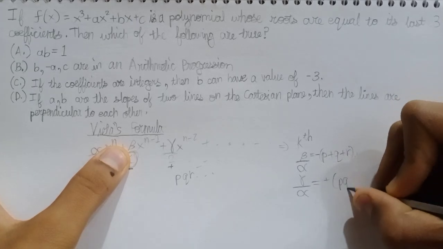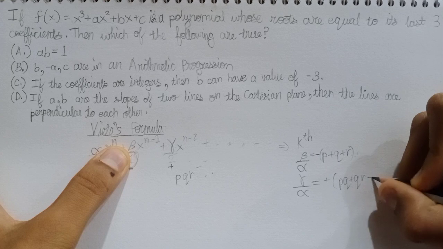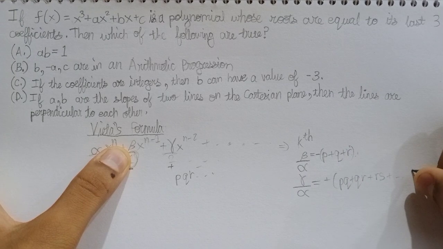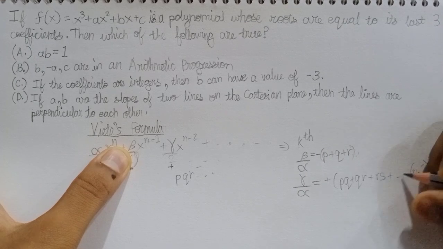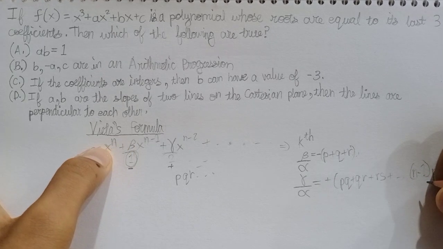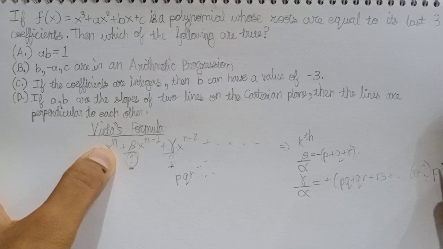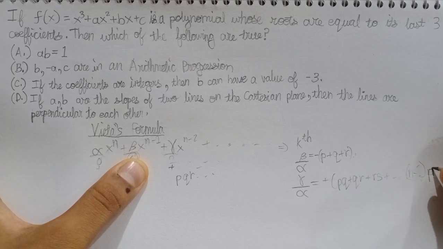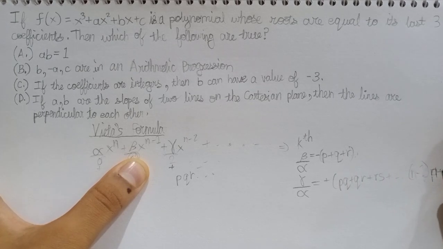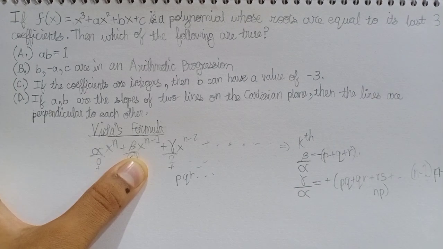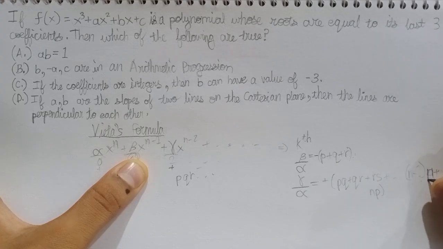Then you'll have pq plus qr plus rs plus so on, and then we have the (n minus 1)th root times the nth root, and then comes the last term, which is the nth root times the first one, p.